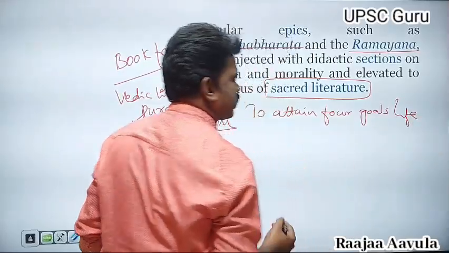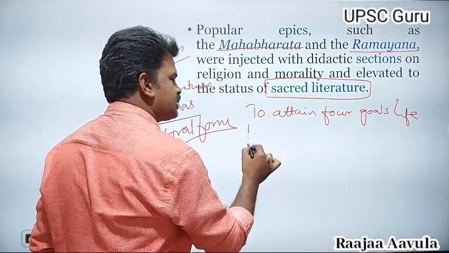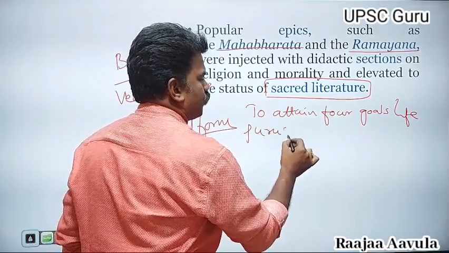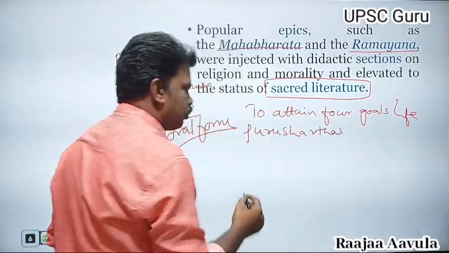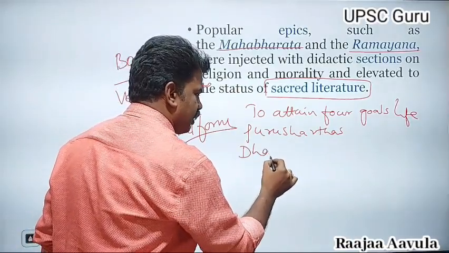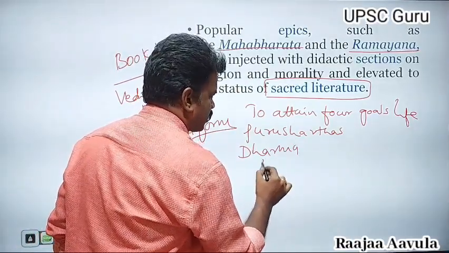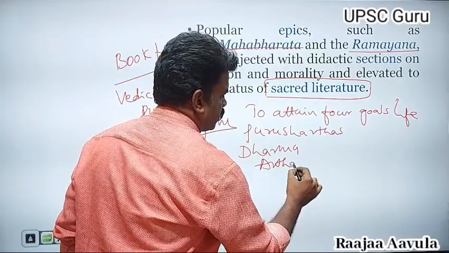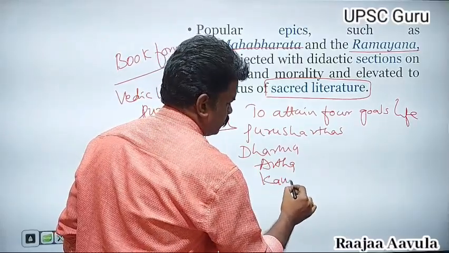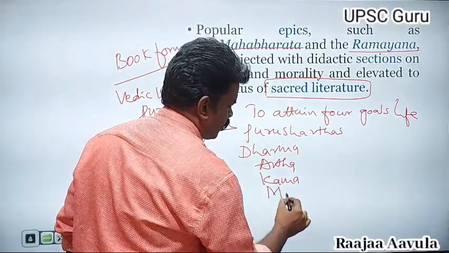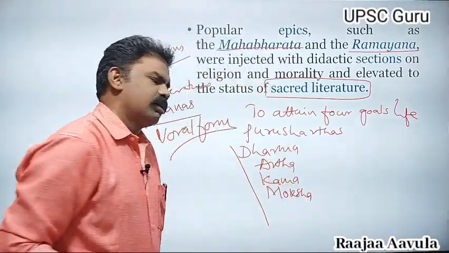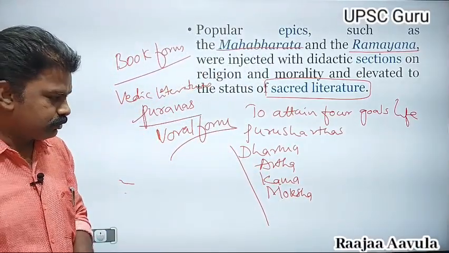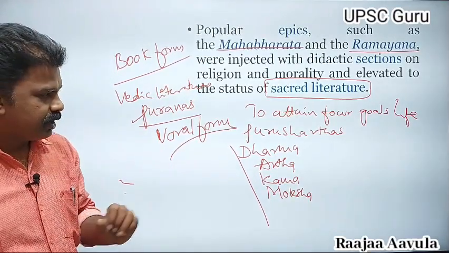What are those four goals of life? They are called Purusharthas: Dharma, Artha, Kama, Moksha. One should complete all these goals in life.